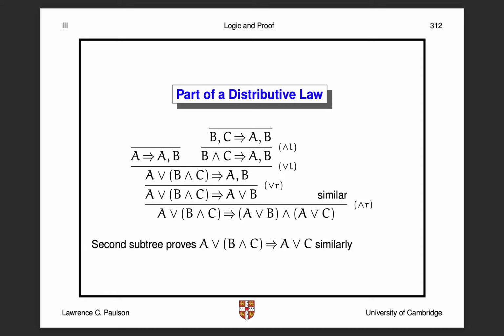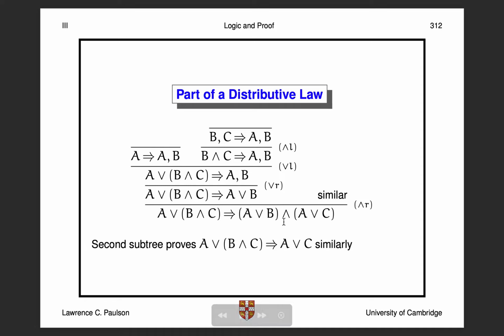So we begin our proof by writing this at the bottom of a blank sheet of paper, and then we work upwards as usual. Now we have a little choice because we have or on the left and and on the right. We could have chosen either. I arbitrarily chose and on the right.